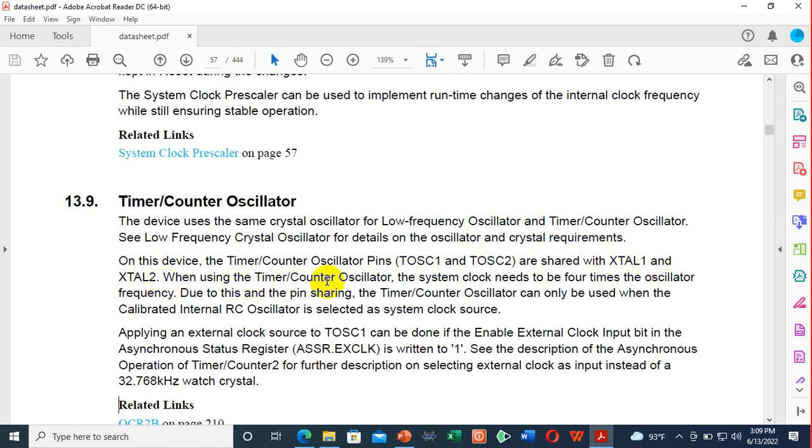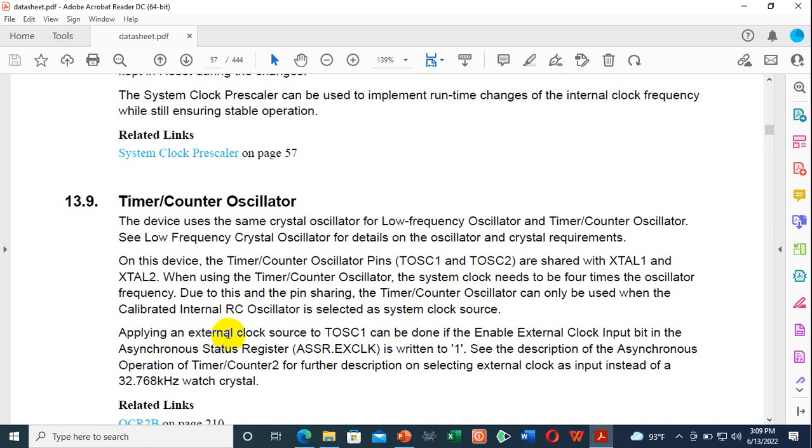When using the timer counter oscillator, the system clock needs to be 4 times the oscillator frequency. Due to this and the pin sharing, the timer counter oscillator can only be used when the calibrated internal RC oscillator is selected as the system clock source. Okay, so that's the condition of using this timer counter oscillator.